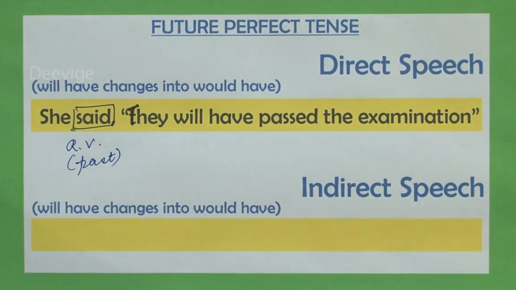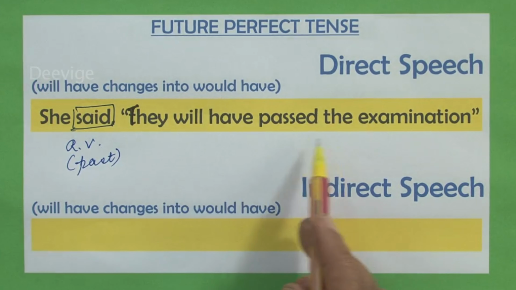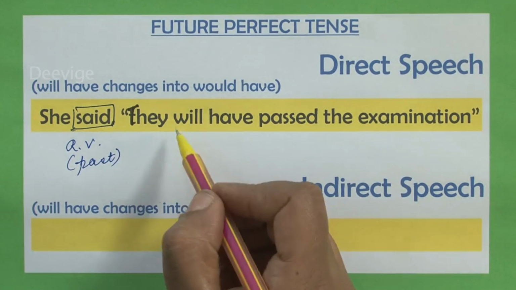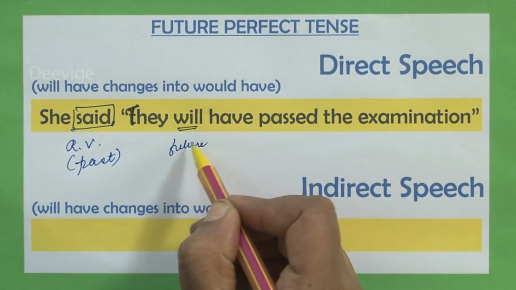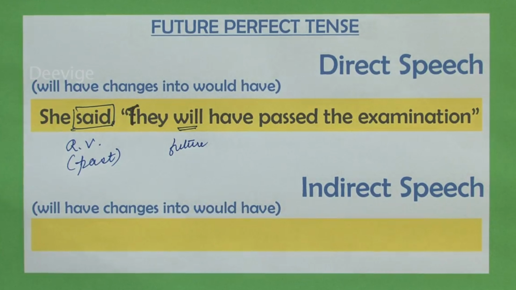Now what is the sentence that is enclosed within the inverted commas which indicates that it is in the direct speech? They will have passed the examination. Now will indicates future time. When I say I will meet you tomorrow, students, tomorrow also indicates future time, will also indicates future time.